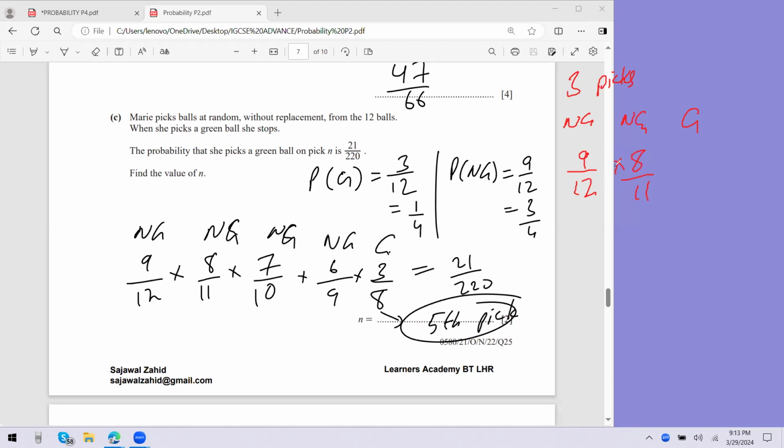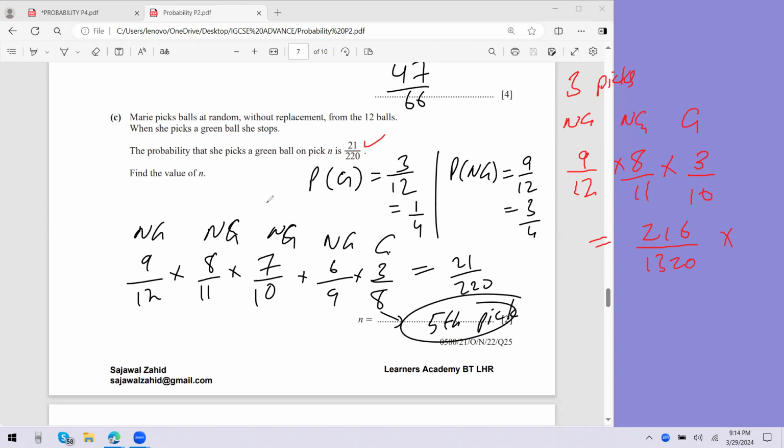Now comes the green. The third one is going to be green, so that is 3 over 10, because from the 12, 2 have already been taken. So this is equal to 216 over 12 multiplied by 11 multiplied by 10, 1320. That's not matching this one.